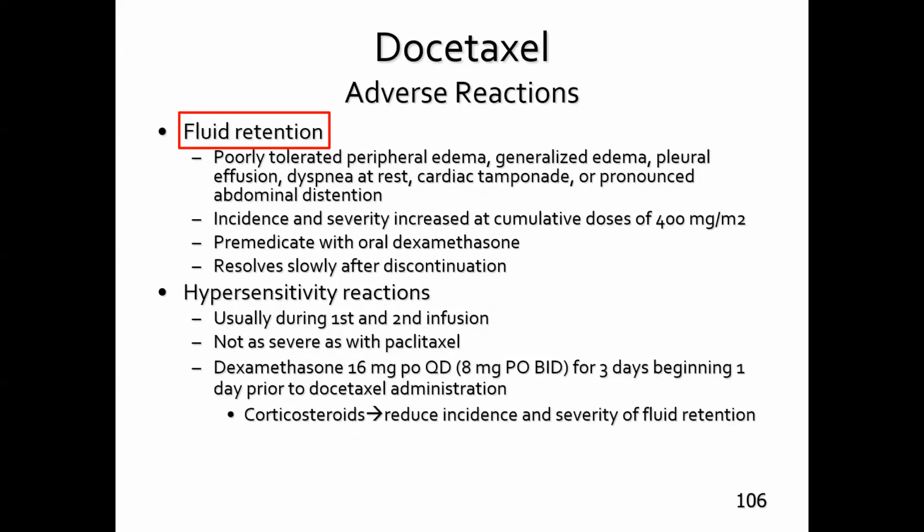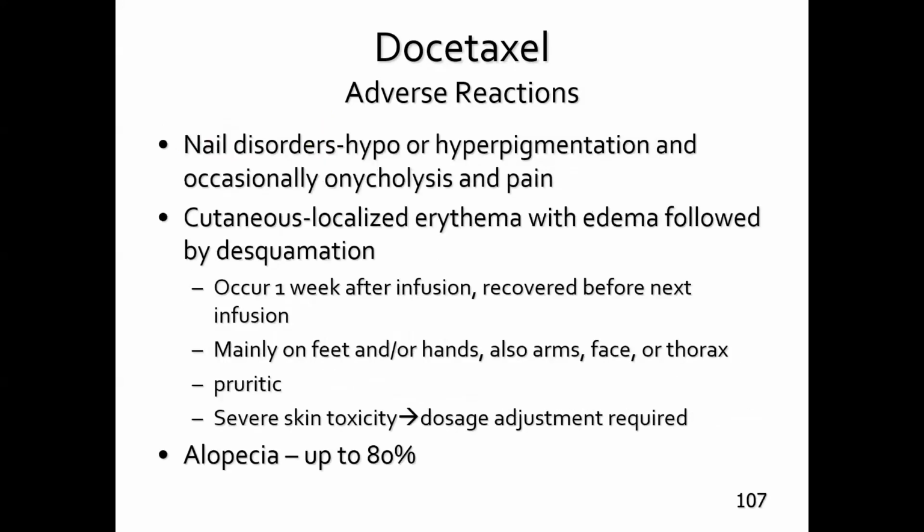It really happens around, it's cumulative, so you get 400 milligrams per meter squared. This is one of the reasons that you pre-med and you have a different pre-medication schedule with Taxotere than you do with paclitaxel. It also helps with the hypersensitivity reactions, but really it's supposed to help this peripheral edema, which can actually take, I don't remember the number, I think it's like 16 weeks for some people in severe cases to resolve.